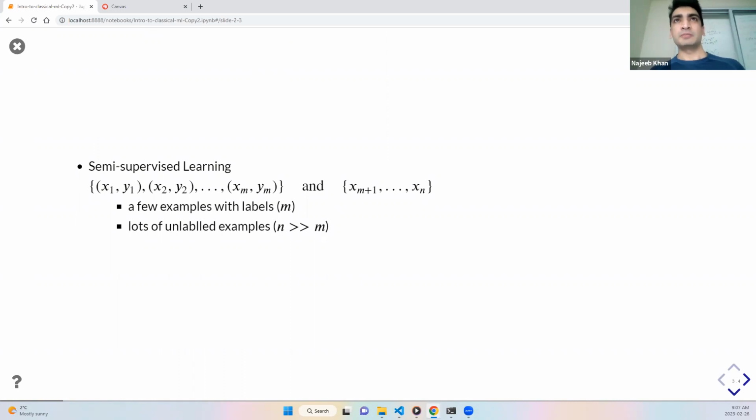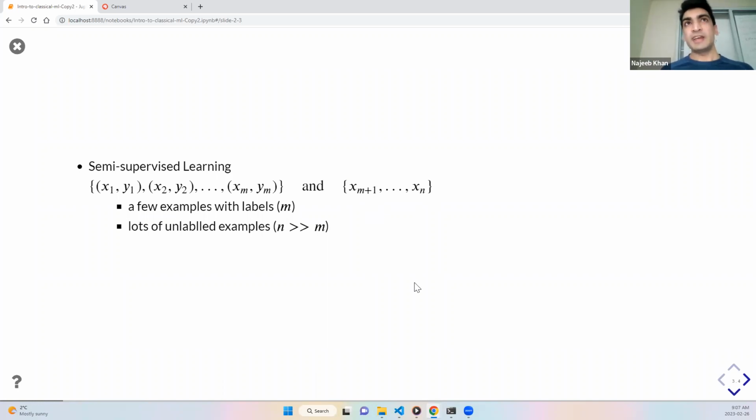How about the case where we have a few examples that are labeled, but a lot more examples that are unlabeled? In that case, we can deal with the problem as a semi-supervised learning problem. We have a bunch of examples that are provided with labels, but then there are a whole lot of other examples that are just inputs, just feature vectors, that don't contain the labels.